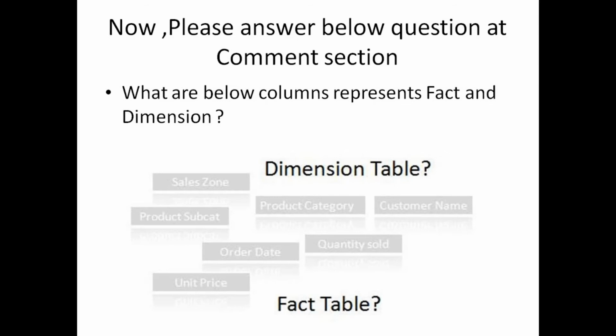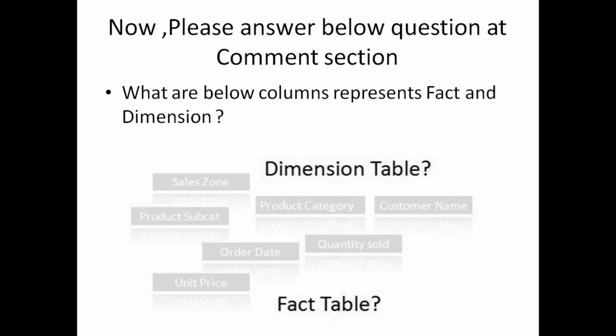From today onwards, I will ask a few more questions in the middle, start or end of my video, and you will give the answers in the comment section. Here the question is, what do the below columns represent, fact or dimension?